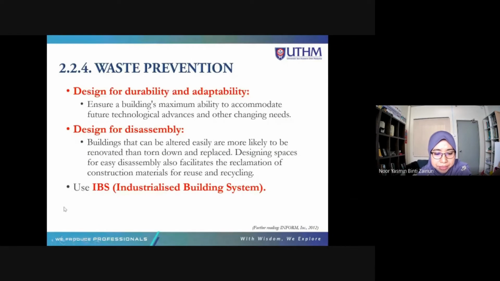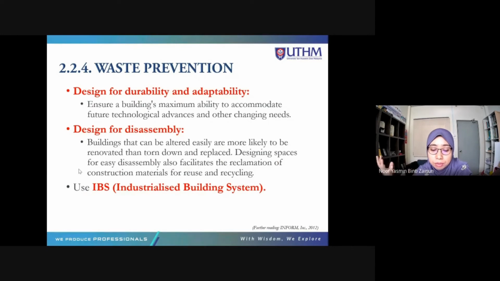In waste prevention, design for durability and adaptability. Durability, tak ada dah nanti waste, sebab benda tu bertahan selamanya. Durable. Design for disassembly: buildings that can be altered easily or are more likely to be renovated than torn down and replaced. Biasanya kita buat macam tu kan. Dekat Malaysia kita buang, kita ganti je yang baru.